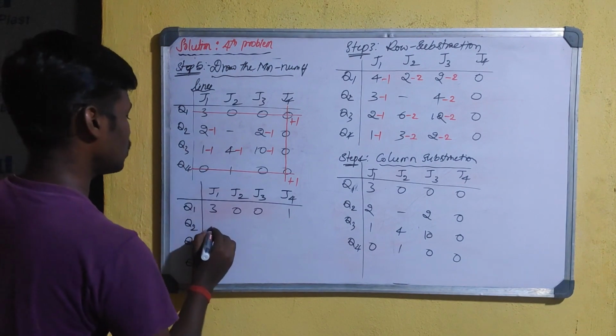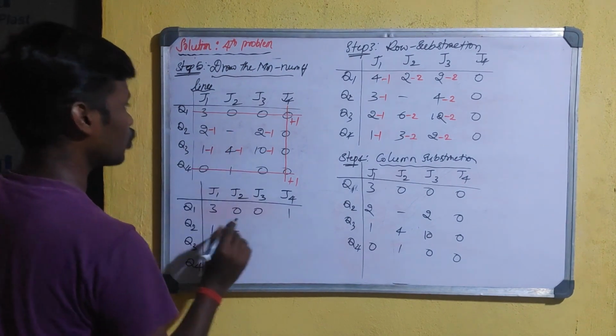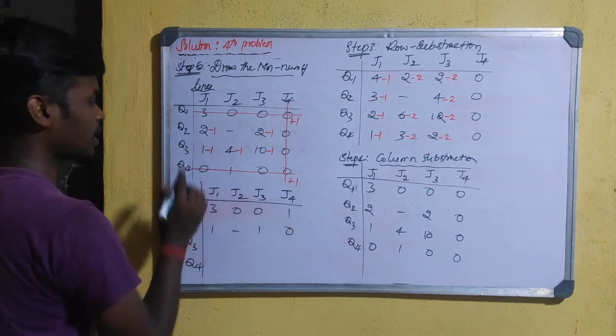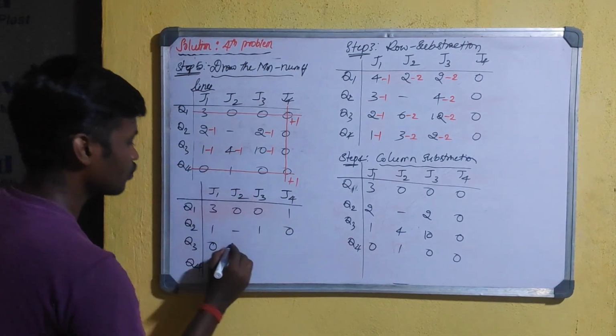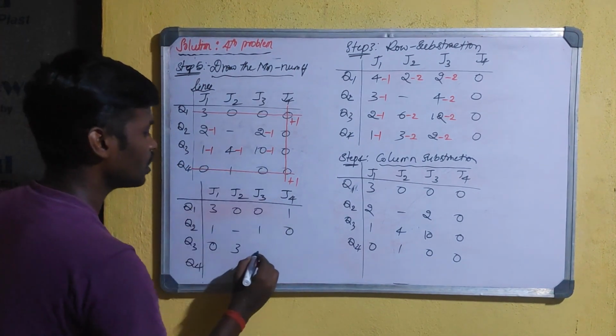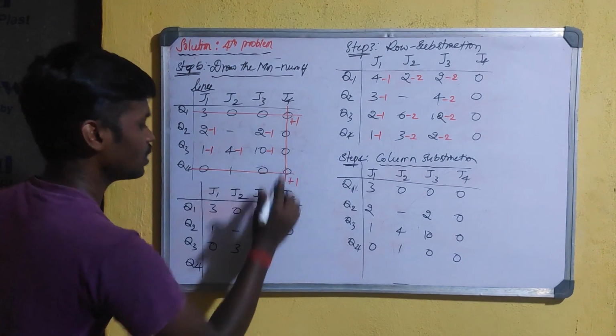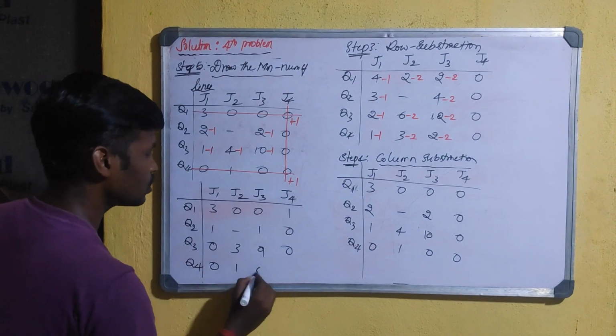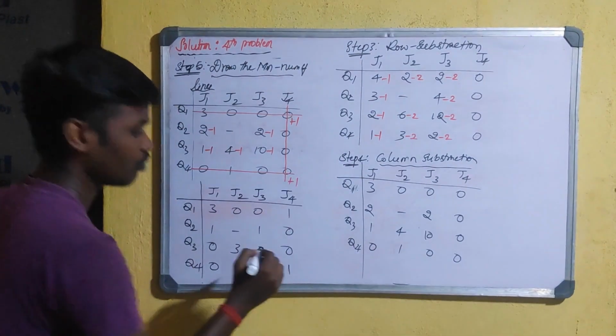Next 2 minus 1, 1. Next we have to prohibit this cell. Next 2 minus 1, 1. Next 0. Next 1 minus 1, 0. 4 minus 1, 3. Next 10 minus 1, 9. Next 0. Next 0 1 0, 0 1 0. So 0 plus 1, 1.